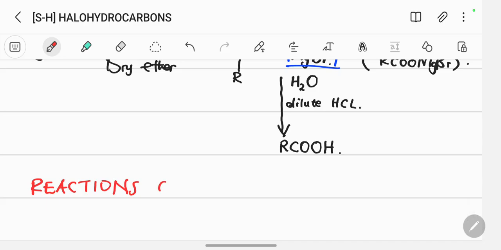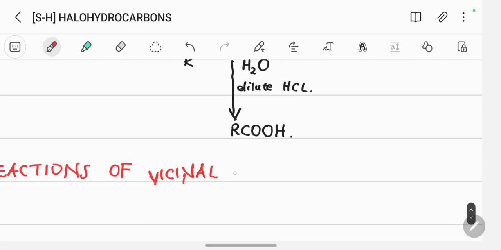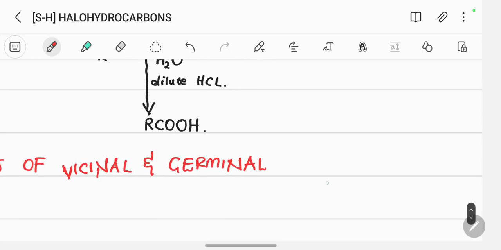So reactions of vicinal and geminal dihalides.